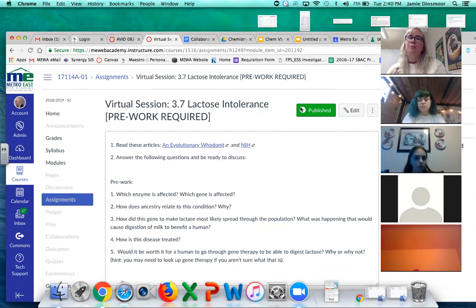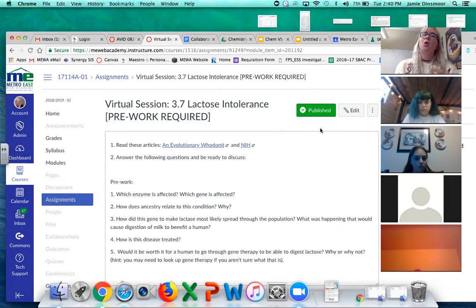Genes are usually abbreviated by something related to what they make, right? LCT, seems oddly to spell lactase, right? Pretty much. So the LCT gene creates lactase, which is a protein, which is an enzyme, which helps digest lactose.